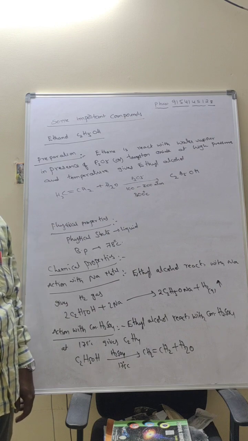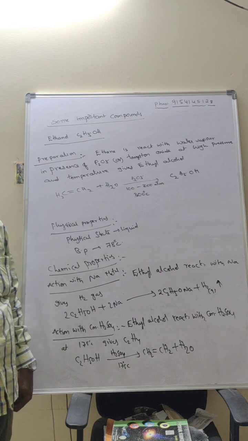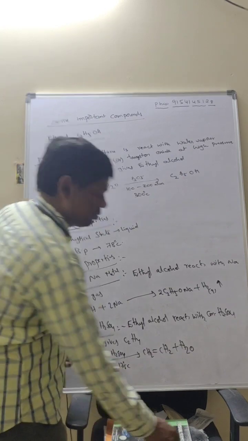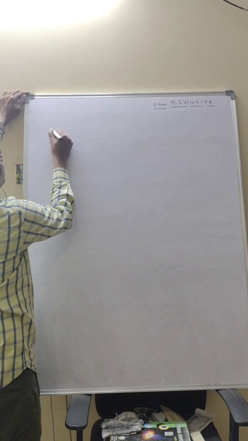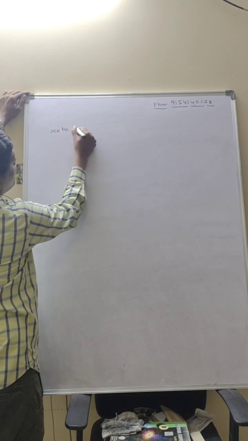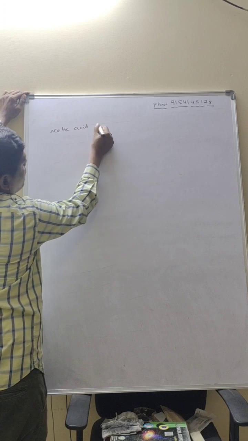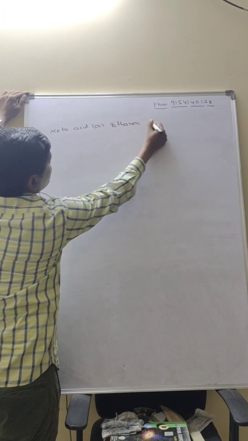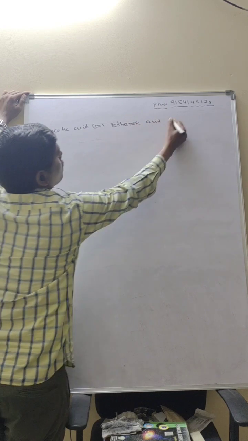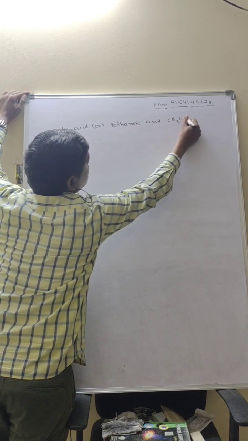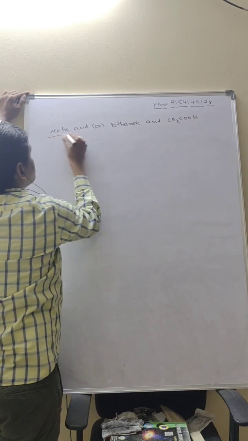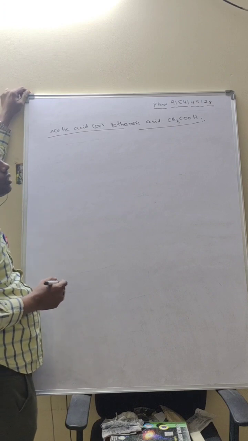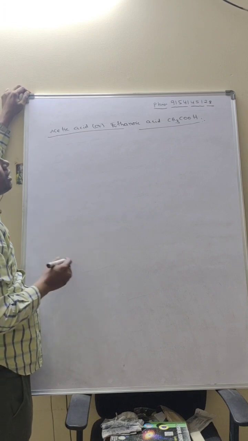The next compound is acetic acid. This is the last important compound. Acetic acid or ethanoic acid, CH3COOH. Acetic acid is generally present in vinegar.